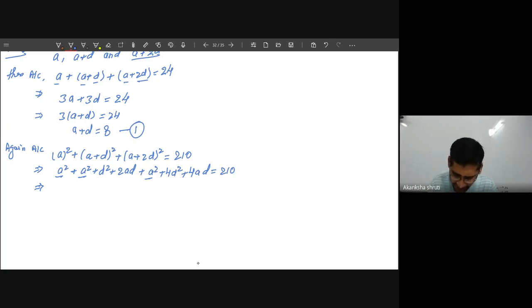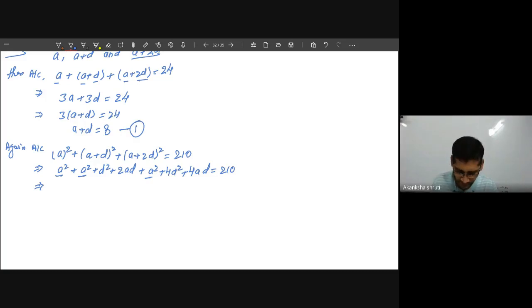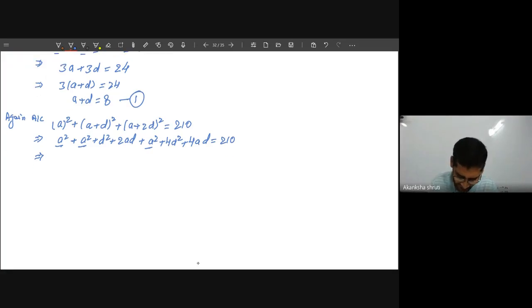Then next one will be what? Next one will be again 8 plus d you can put. Okay, this way. But my purpose is to show you, if you are taking the second approach, the calculation becomes more simpler. Here you can put, obviously we have to do the substitution. So let us collect a at one place.